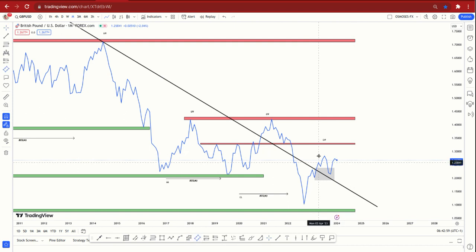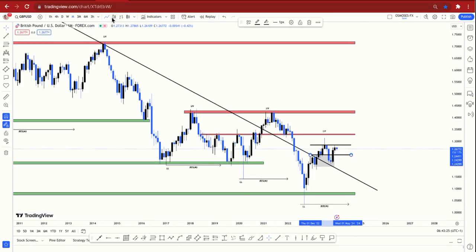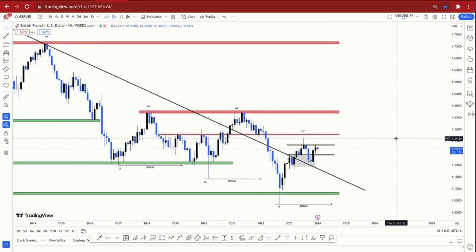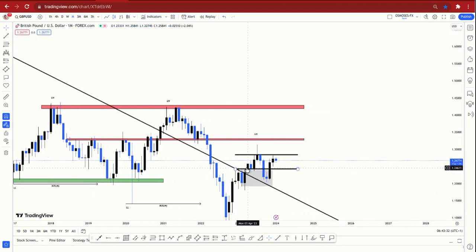So I would like to use this high and this low as a form of support. We see price support this zone, reject this zone, and break out.